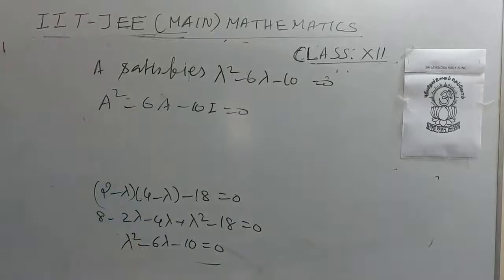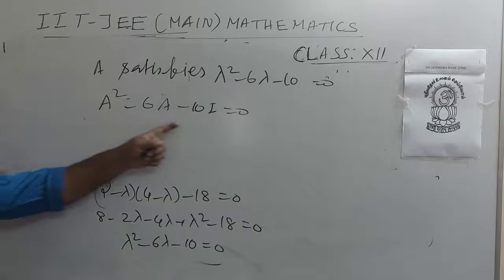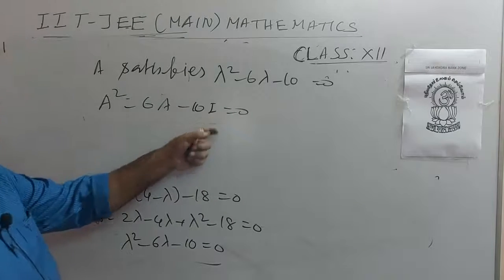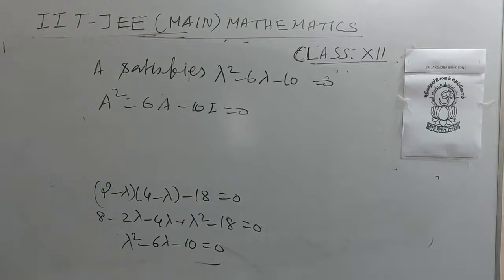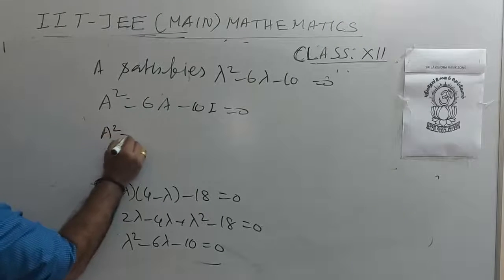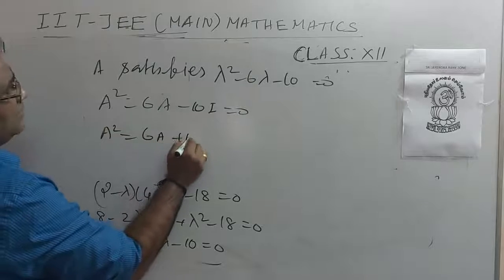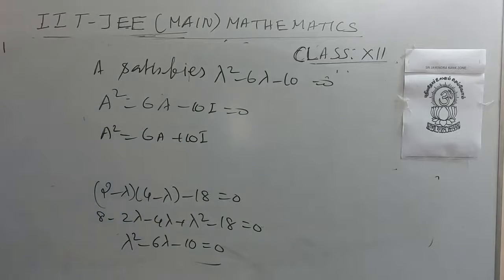Here you can write 10I: when lambda is replaced by the matrix A, you have to multiply the constant 10 by the identity matrix. So A squared equals 6A plus 10I.